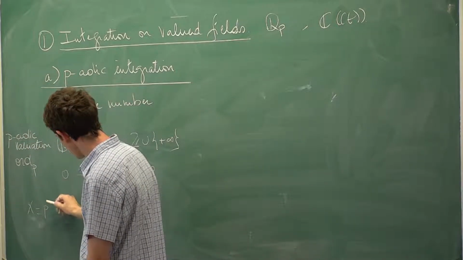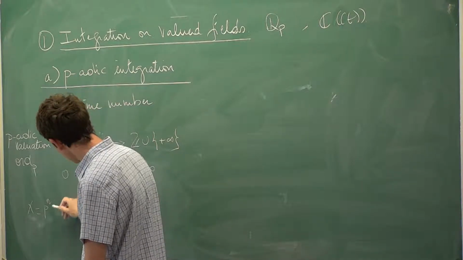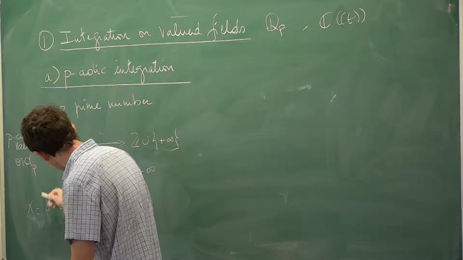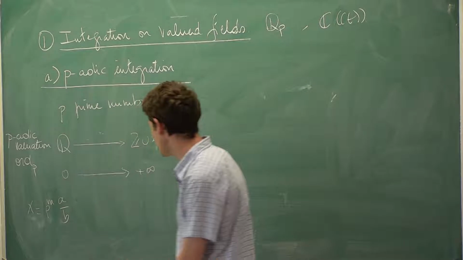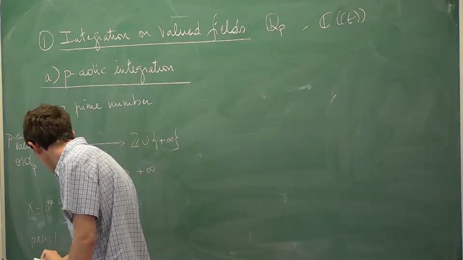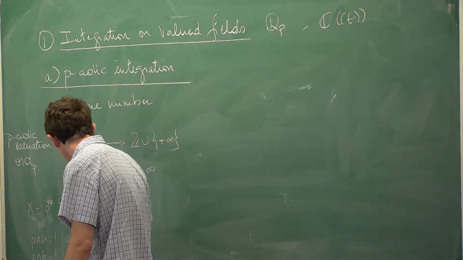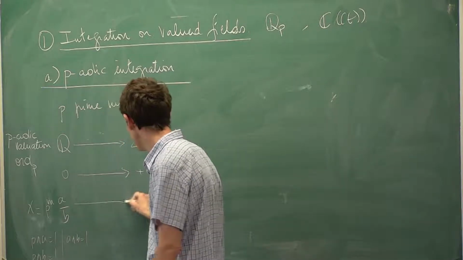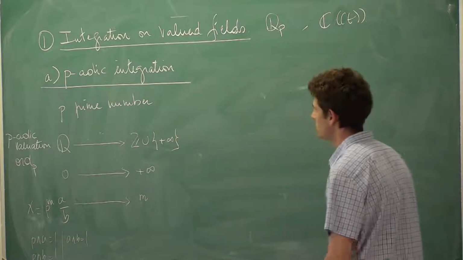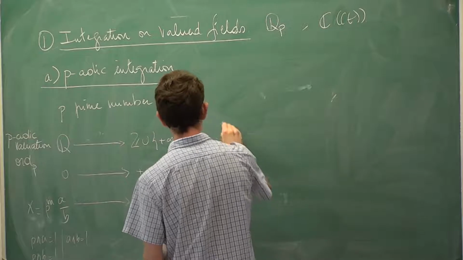So you consider the maximal power of p dividing x, you write it in this way, p^m a/b, where p and a are coprime, and p and b are coprime, and also a and b are coprime, and then you map x to m.